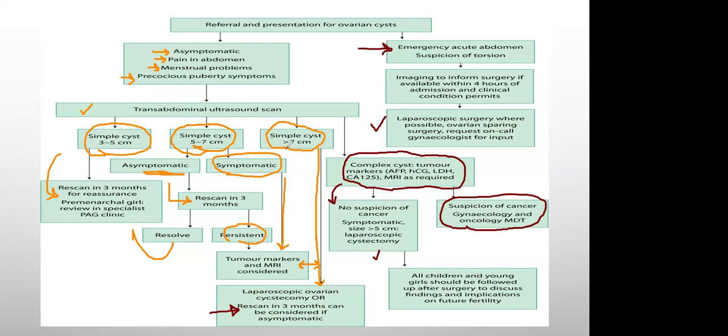You can see here, in the simple cyst box, they didn't give you options: is it symptomatic or asymptomatic? We are trying to offer directly an intervention, but maybe rescan and follow-up may be offered if the patient is asymptomatic.